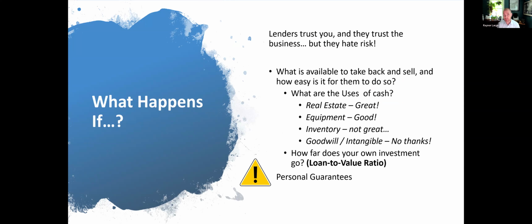Good manufacturing equipment, they like that too. Inventory, we talked about that, a little more squishy, right? If it's a restaurant and you have a couple thousand dollars in food inventory, by the time the bank needs to step in and take that, it's not going to be worth much, right? So how is that inventory valued or managed? Is it tangible or is it really kind of an intangible sunk cost?